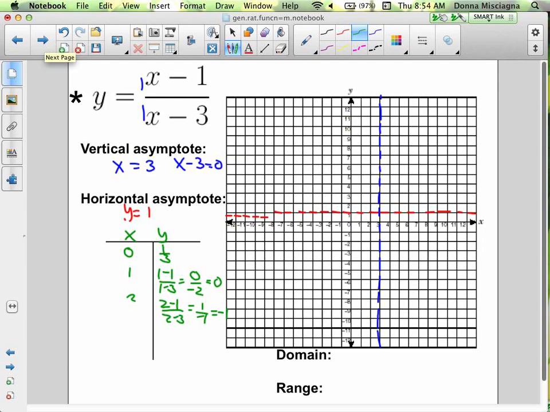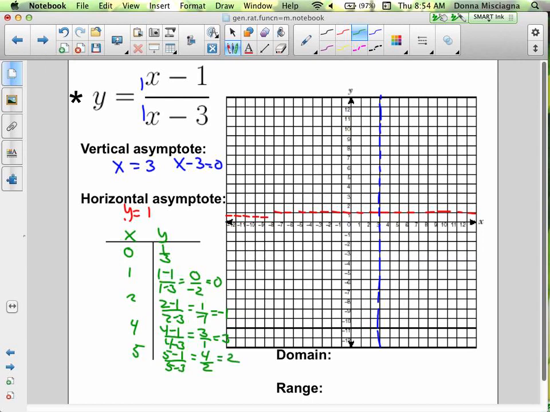All right, and so now on the other side, let's use 4. If we plug in 4, that one's going to be nice. We'll have 4 minus 1 over 4 minus 3. So that's going to be 3 over 1. That's 3. Got 3 integers. And then we'll take 5. 5 minus 1 over 5 minus 3. That's going to be 4 over 2, which is 2.